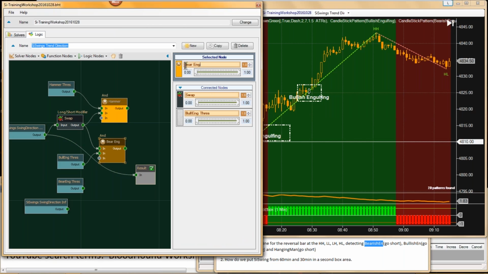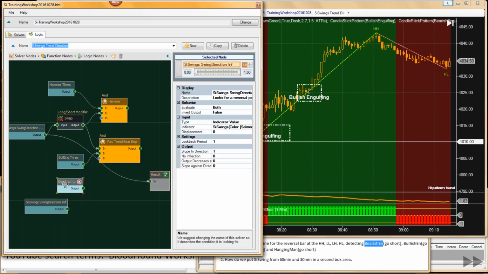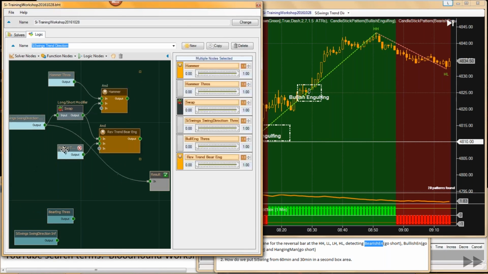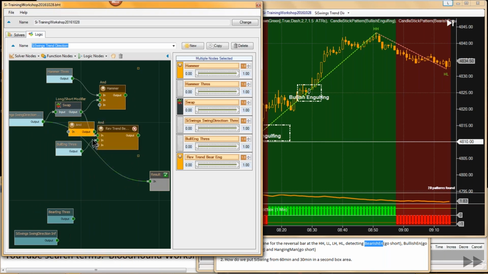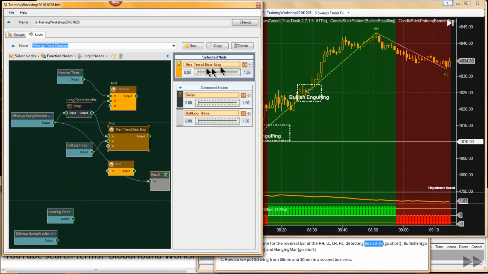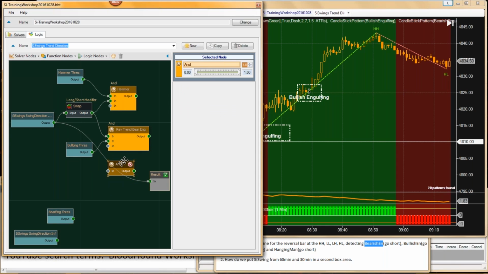Right, so this would be like a reversal trend, bearish engulfing. And let's move some of this out of the way here. So let me just get the names going in here.